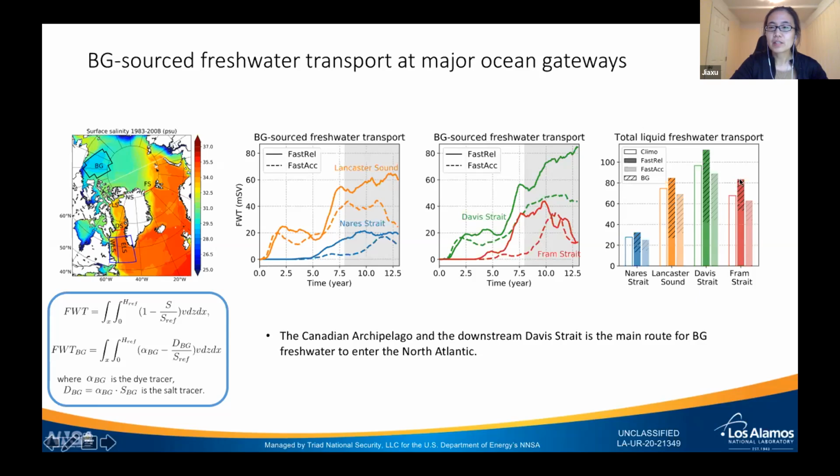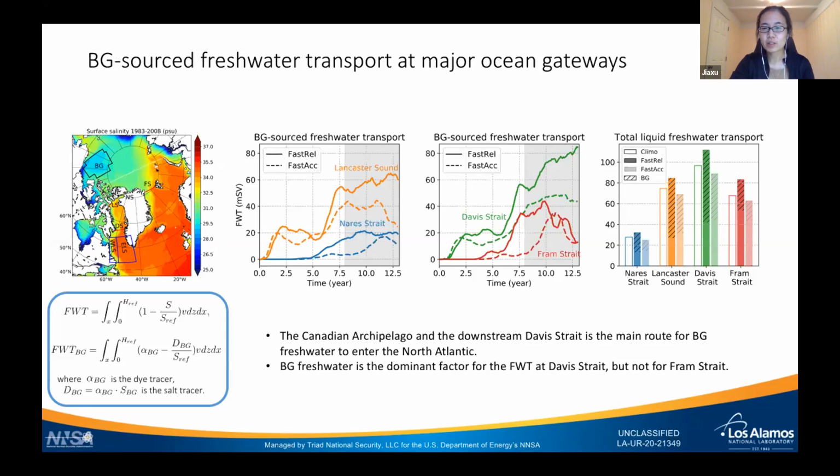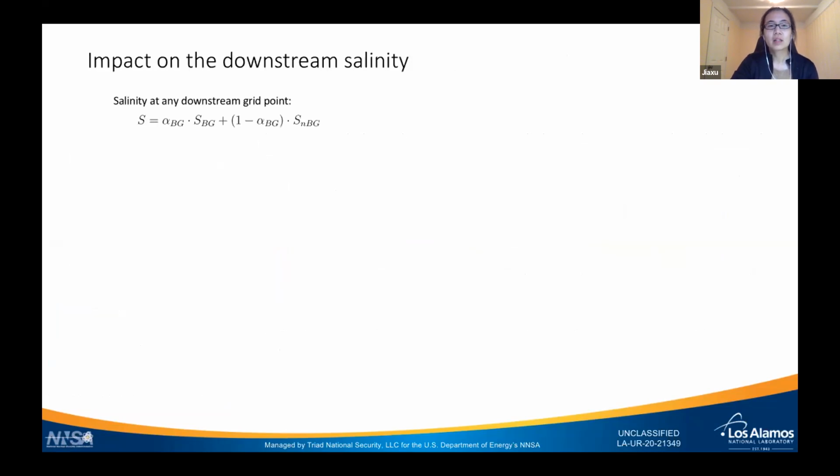First, the Beaufort gyre is not a dominant component anymore. And second, the increase of the dark color bar is not only because of the BG, but also because of the non-BG component. So we conclude that the Beaufort gyre freshwater is a dominant factor for the freshwater transport at Davis Strait, but not for Fram Strait.